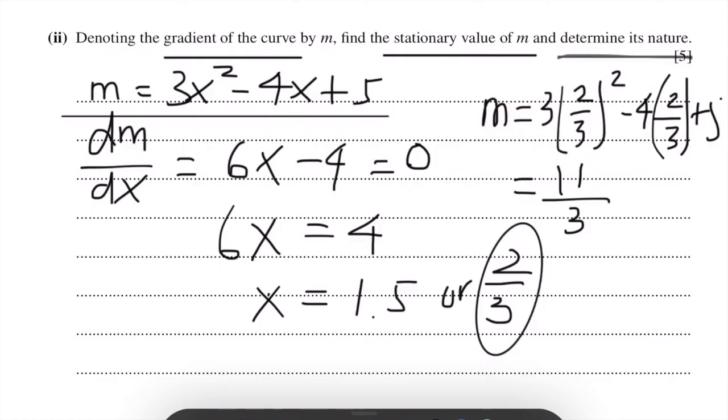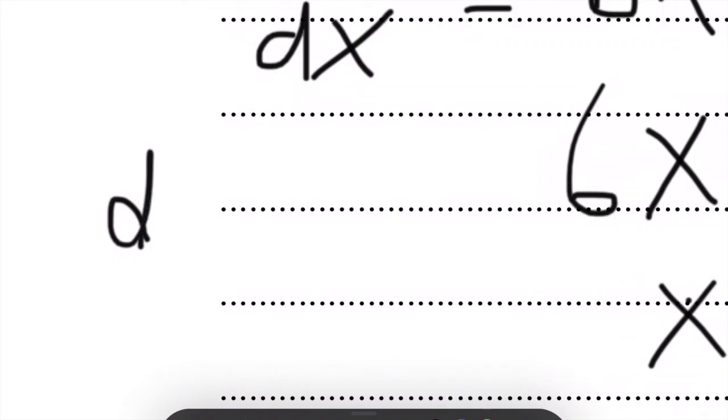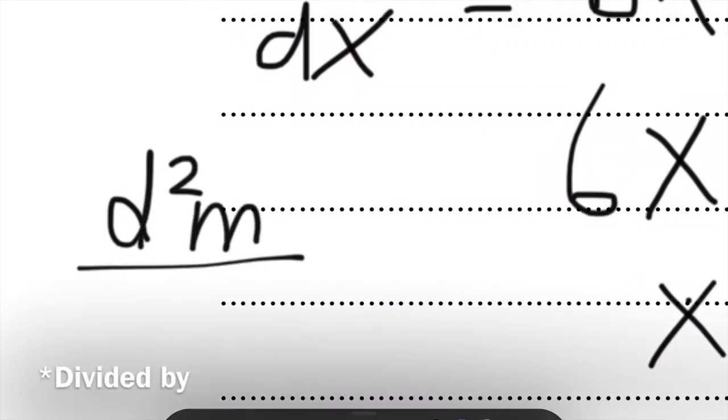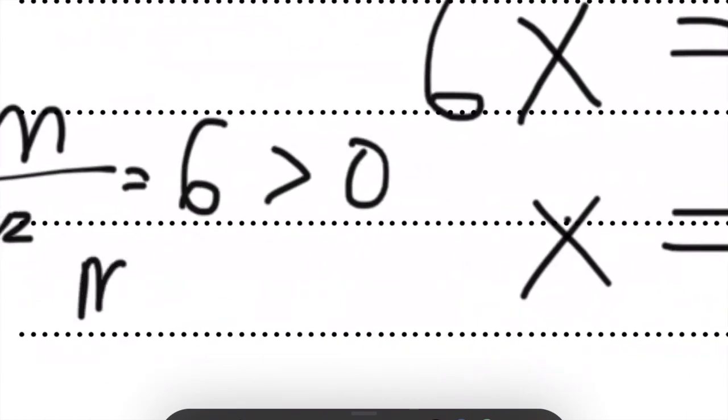Now to find the nature, we have to find the second derivative. So d squared m over dx squared is equal to the derivative of 6x minus 4, which is 6, which is larger than 0, so it's a minimum point.